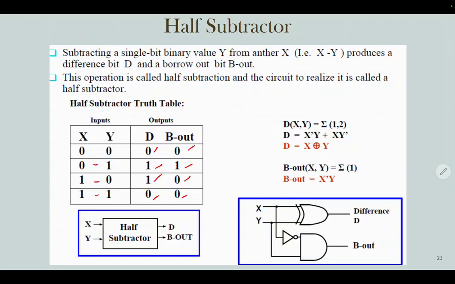The sum can be represented by an XOR gate, X bar Y plus X Y bar, and the borrow output is X bar Y. This can also be represented by this symbol.